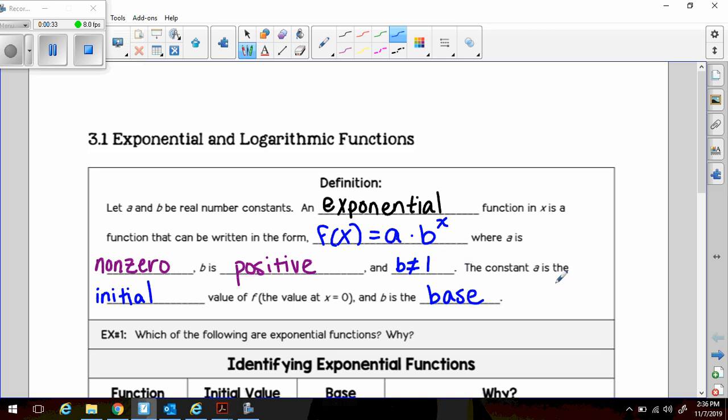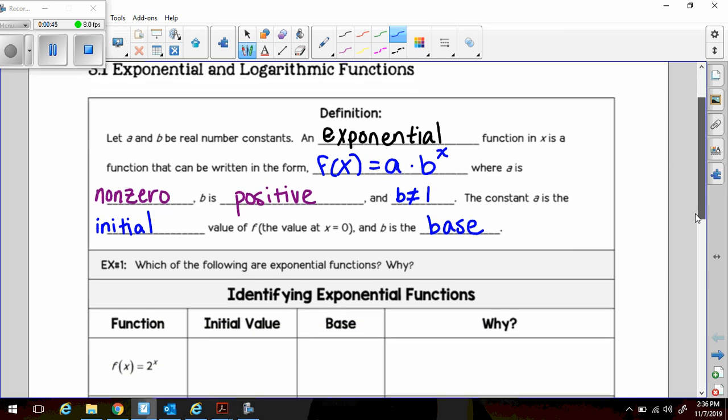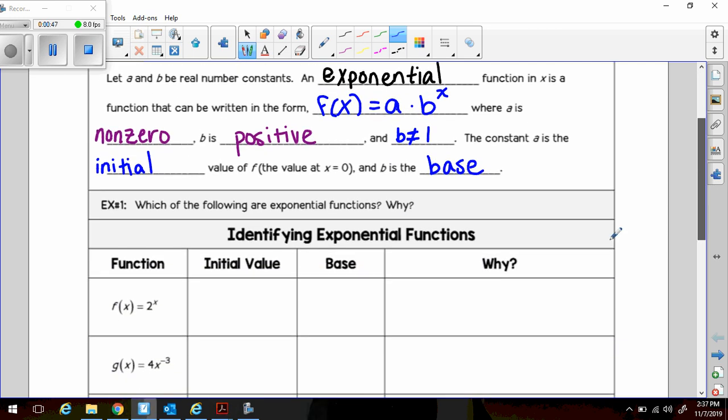The constant a is the initial value of f, the value when x is 0, and b is the base. This b is our base. Identify the exponential functions. So our function is f of x equals 2 to the x. Our initial value is a number in front of the base.